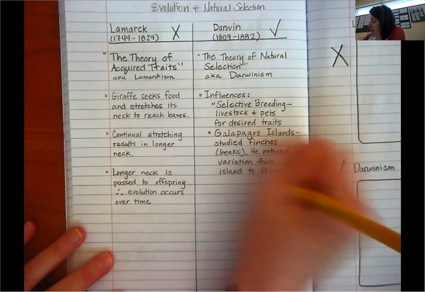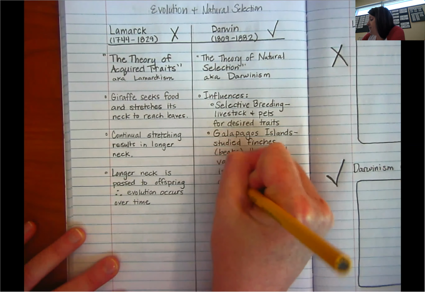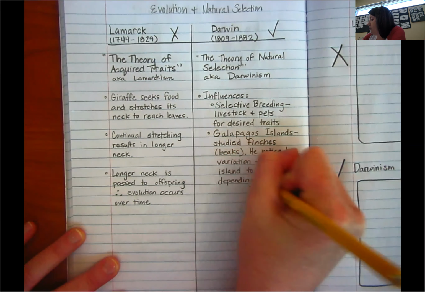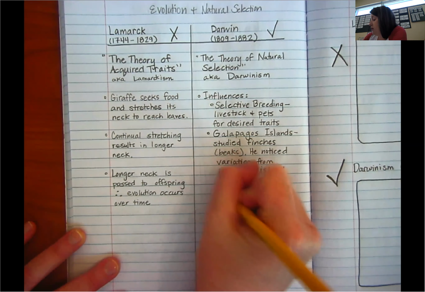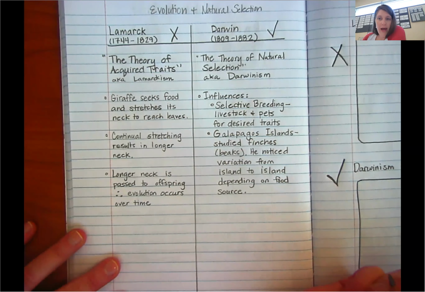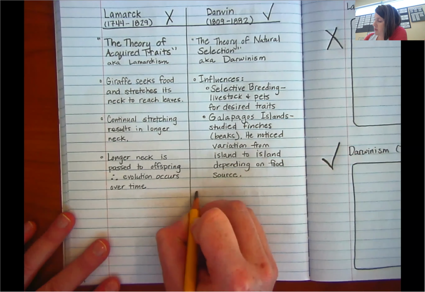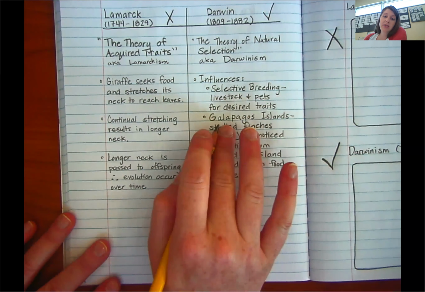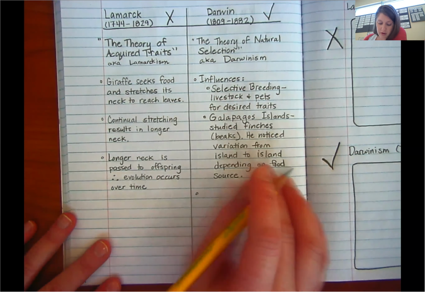So he knows variation from island to island depends on the food source, which is super cool. And from that, he concluded, all right, so here are some of my observations. And this is years of work, years and years of notes.